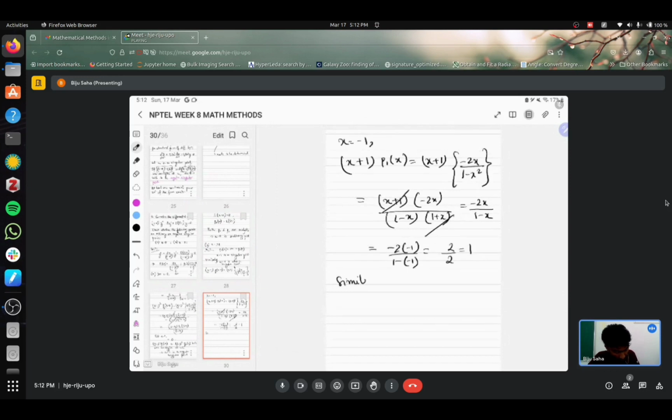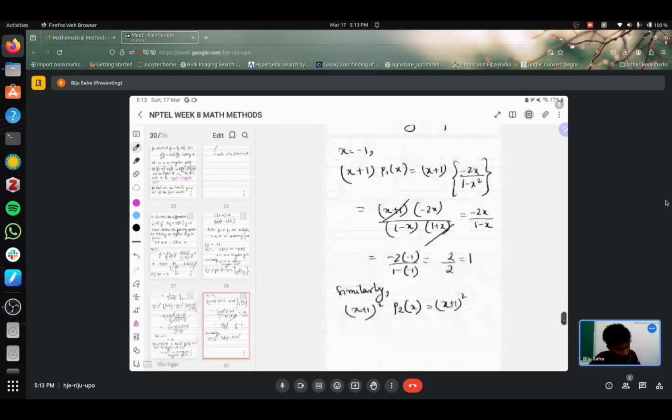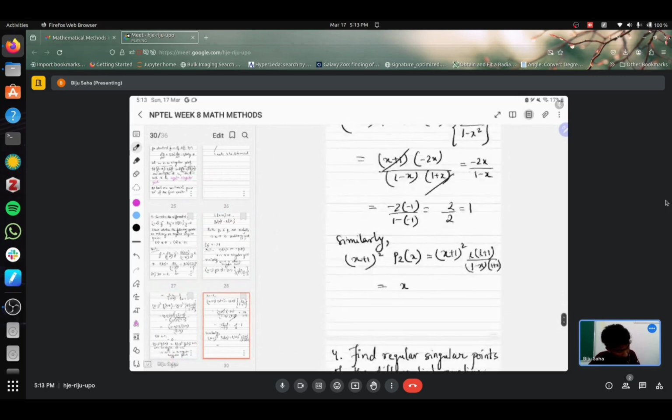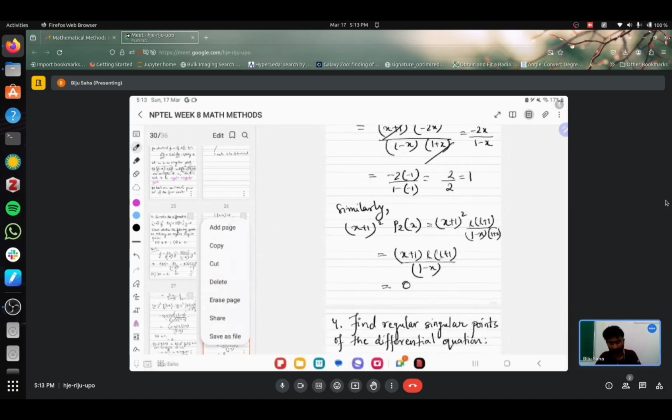Similarly you can check (x plus 1) whole square P2(x). When you put x equal to minus 1, it turns out to be 0.